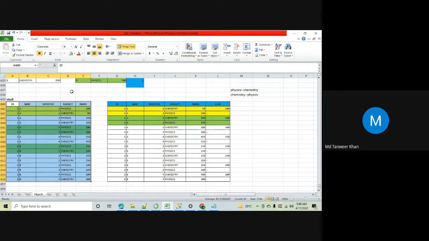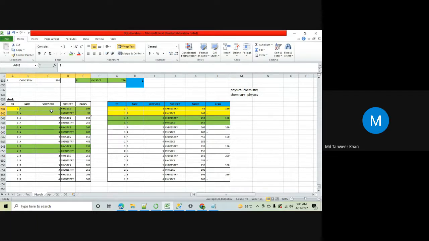So what we understood is that we have to compare the marks scored in physics with the marks scored in chemistry for each student and each semester.